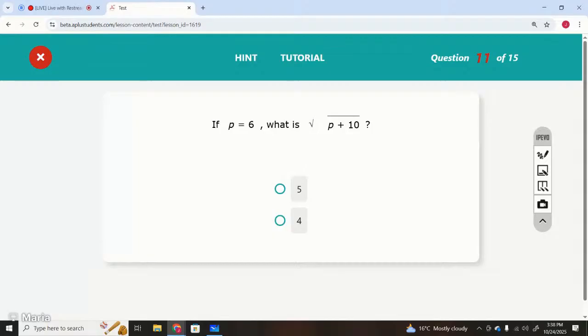If p equals 6, what is the square root of 6 plus 10?